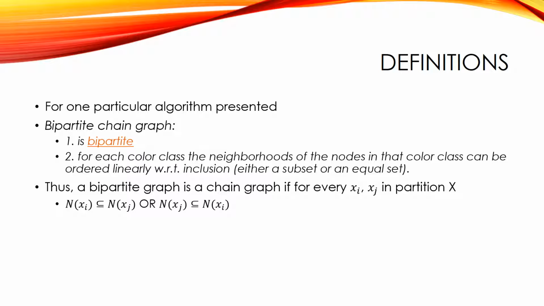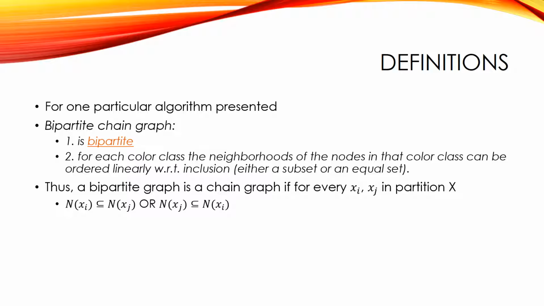So as we delve into this material further, we're going to focus on one particular algorithm, and we need some definitions for that before we begin. One is the concept of a bipartite chain graph. A bipartite chain graph is bipartite, but more specifically, for each color class, the neighborhoods of the nodes in that color class can be ordered linearly with respect to inclusion.